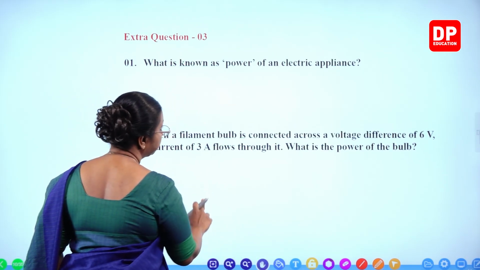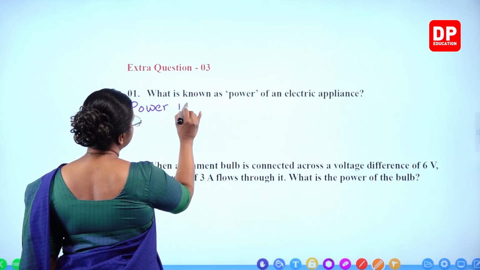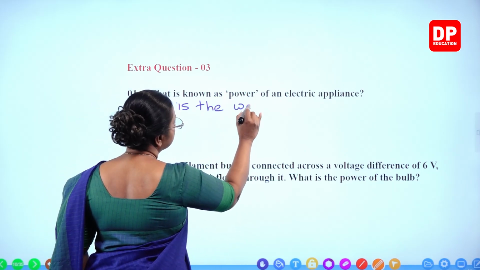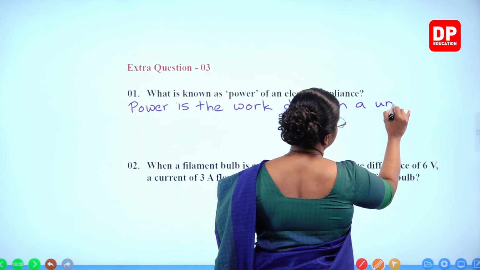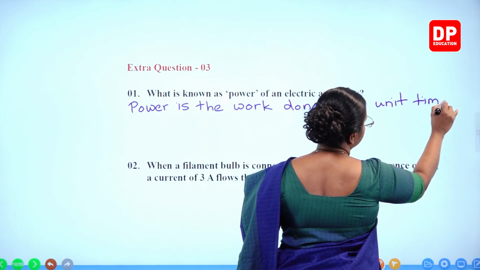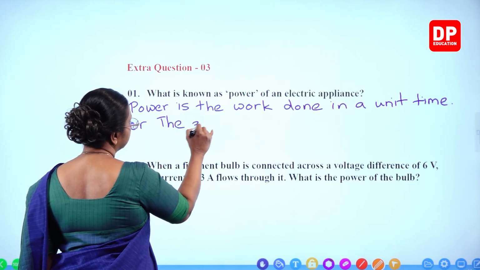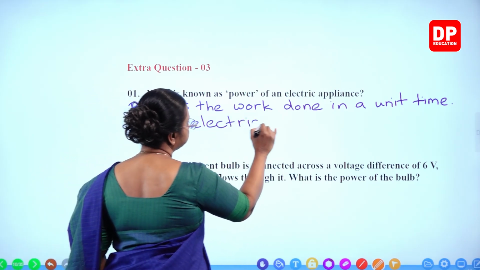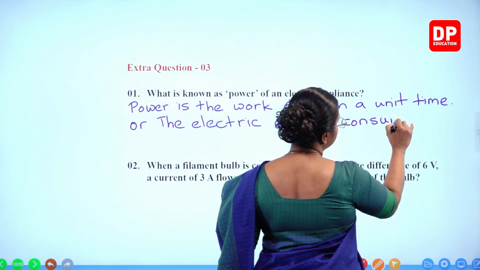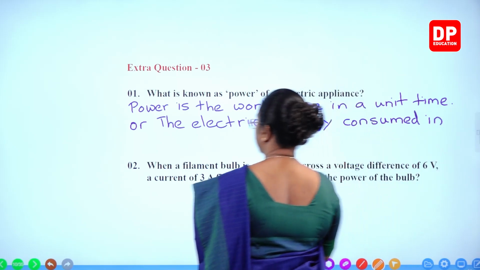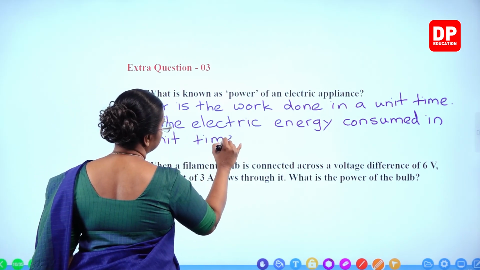So here I will say power is the work done in a unit time, or the electric energy consumed in a unit time.